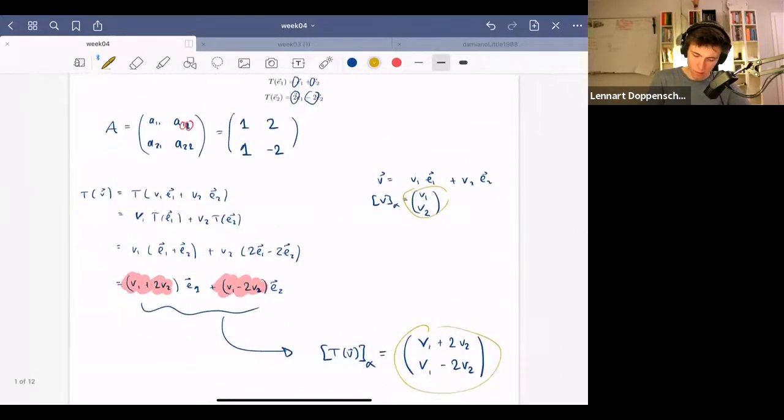So this means that if we have 1, 2, 1, minus 2 times the coordinate vector v1, v2, then we will get v1 plus 2v2, v1 minus 2v2.